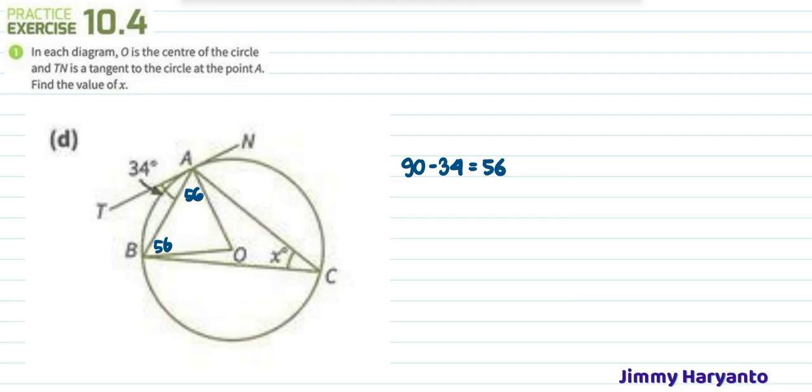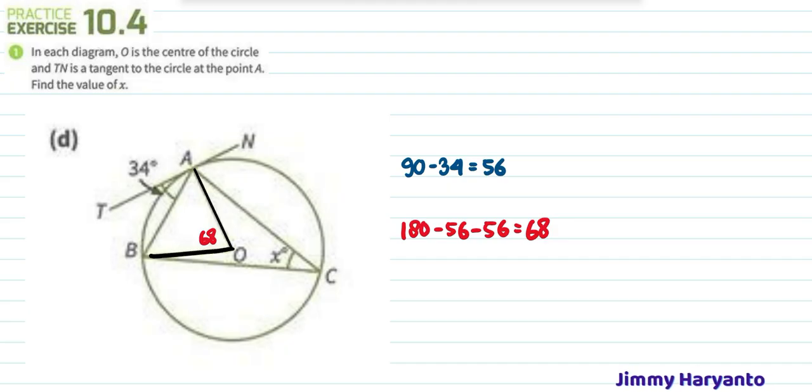That also means I can find this one using the triangle. 180 minus 56 minus 56 equals 68. So this one is 68, and then to find the x, I can use the center angle and the circumference angle. That means x equals half times 68 equals 34 degrees.